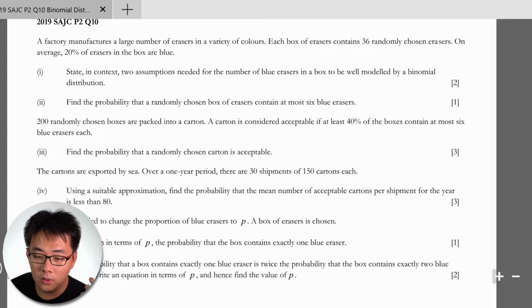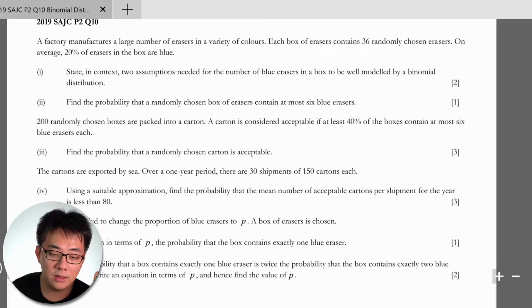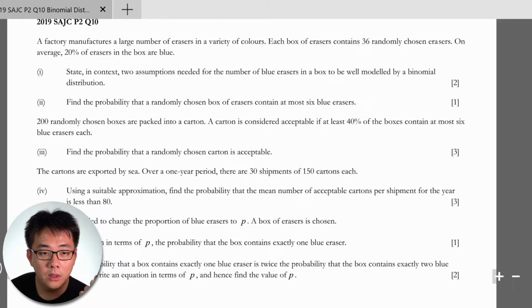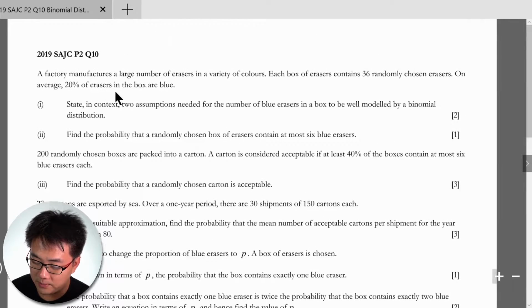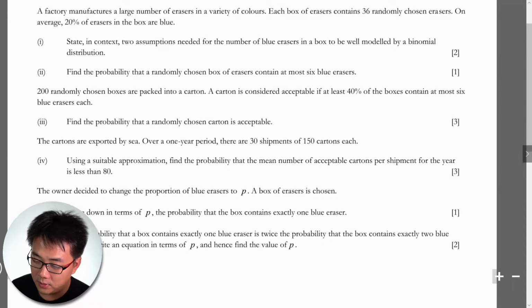So you just stick it in context of the question. Every eraser is equally likely to be blue. That's also okay, it just means it is random. Yes, so that's about it. I don't think I need to go through this part here.